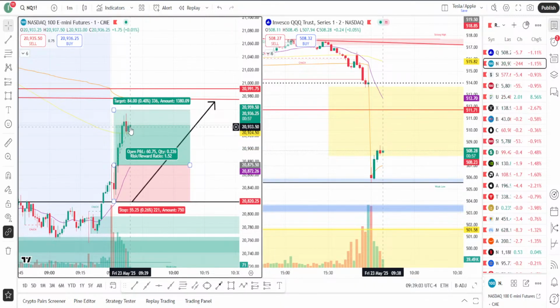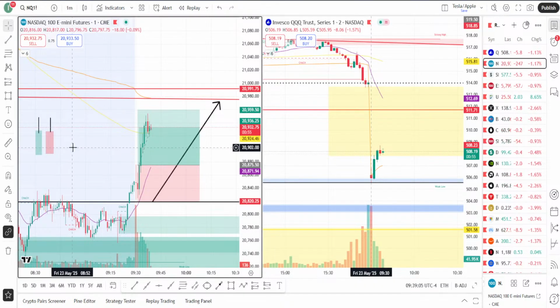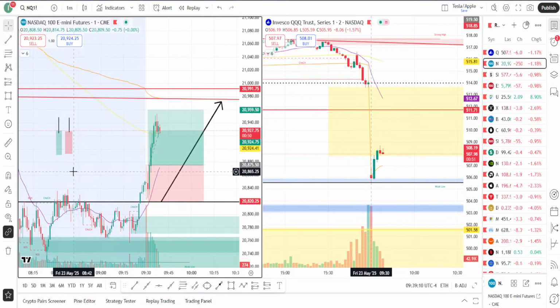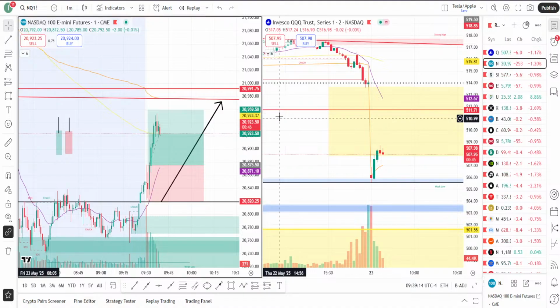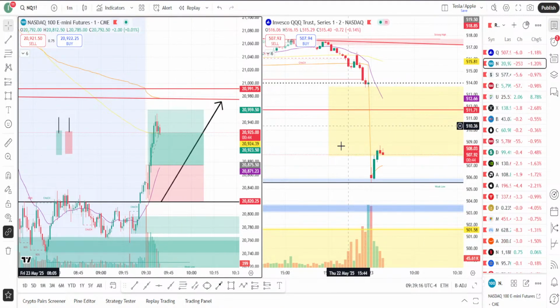All right, we got a decent close on that one. Not very strong, but we'll hold. Still early. We have a lot of space up above.